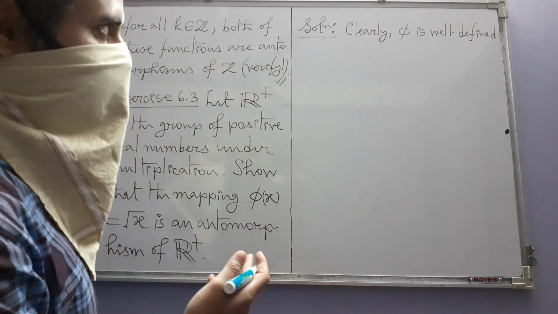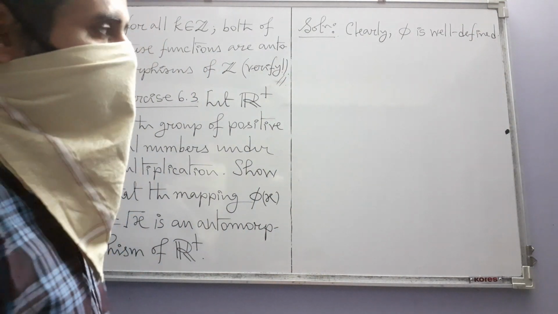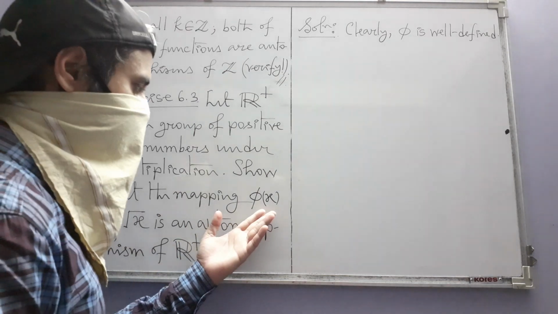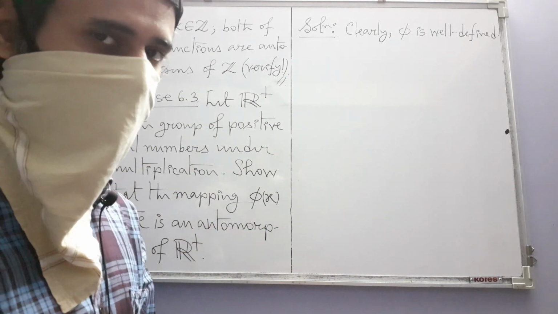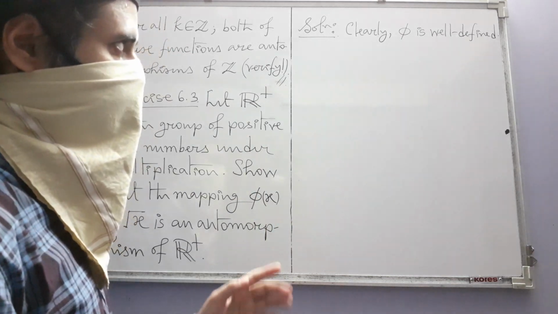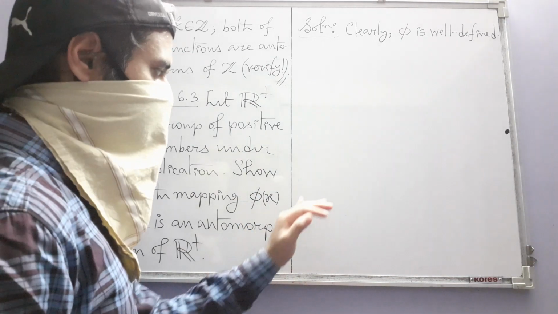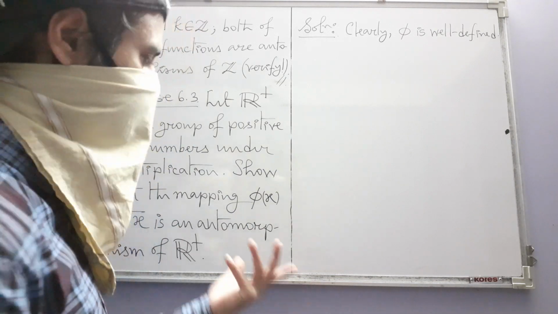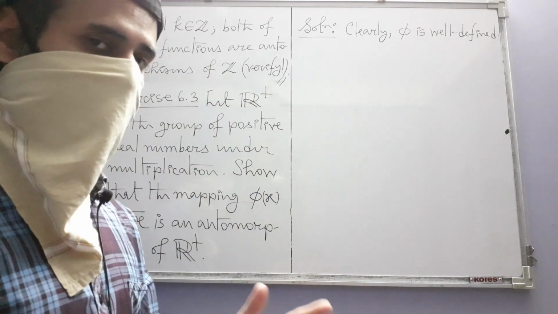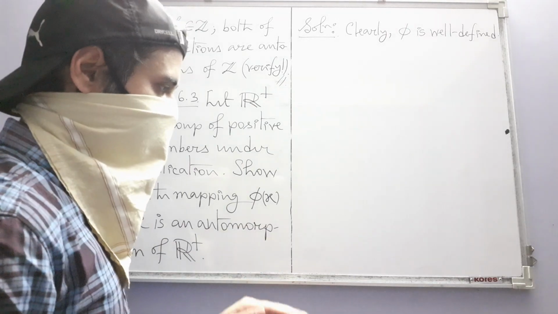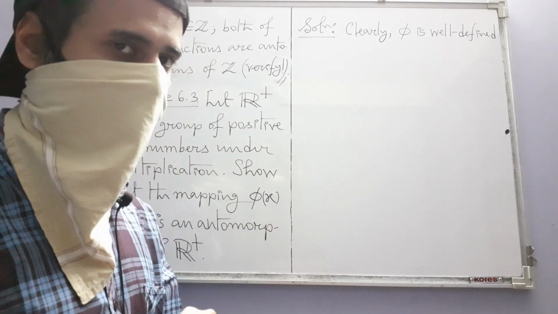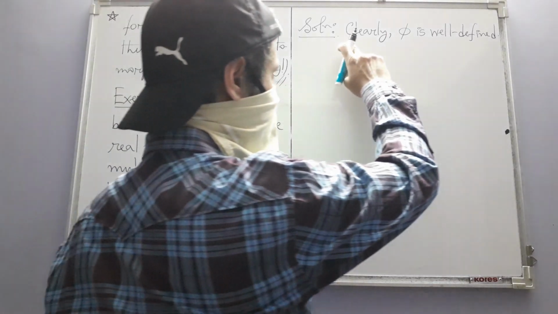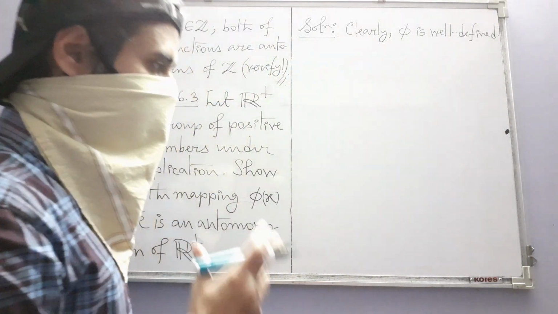This may look somewhat dumb, foolish. You may not even be concerned about this type of issues, but always keep in mind when you are looking at a function that has been defined, always make sure that it is well defined and make sure that you know why it is well defined. You may choose to not even write this line, but you yourself should know why.